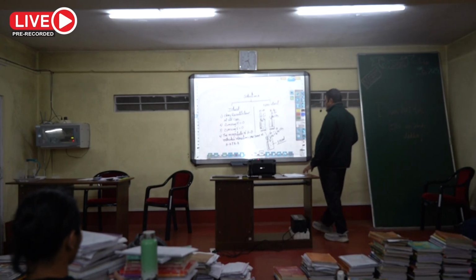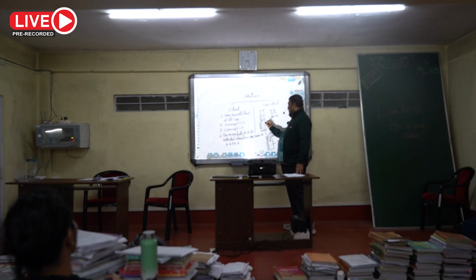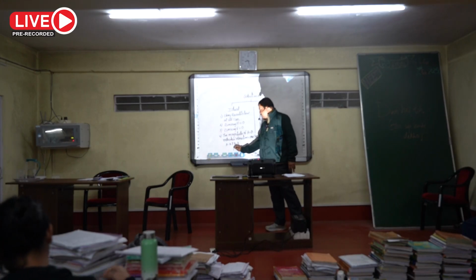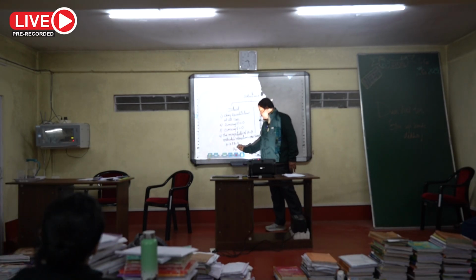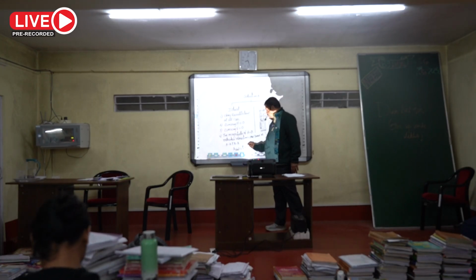Let us say benzene is exerting a vapor pressure P1 and toluene is exerting a vapor pressure P2. So the total vapor pressure P total is equal to P1 plus P2.